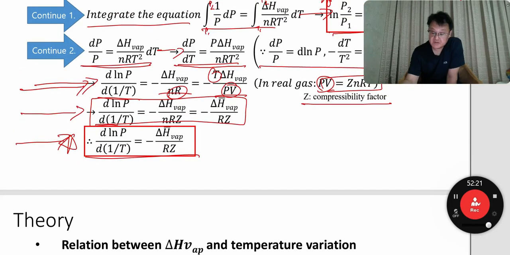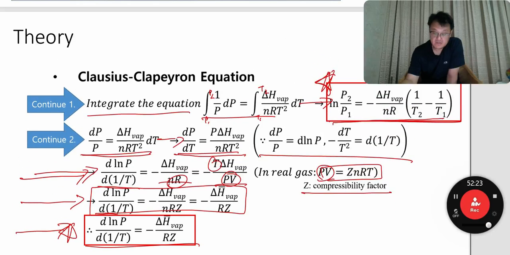So basically, this and this, they basically mean the same thing, right? Okay.